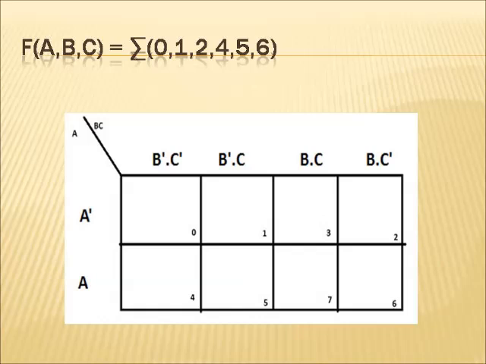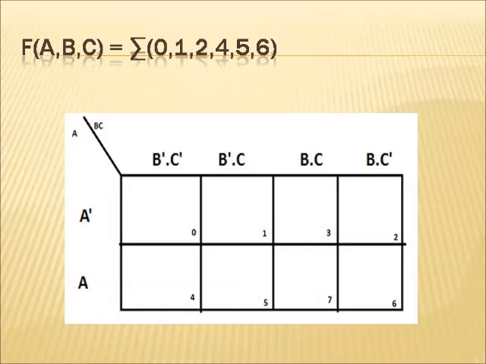One side I am taking for the variable A and another side is for the variables B and C. So as it is an SOP expression, variables are joined using the AND operator or the product term, right? So on the leftmost side you can see A values are there, A bar and A, and on the top BC values are B bar C bar, B bar C, BC, BC bar, right?